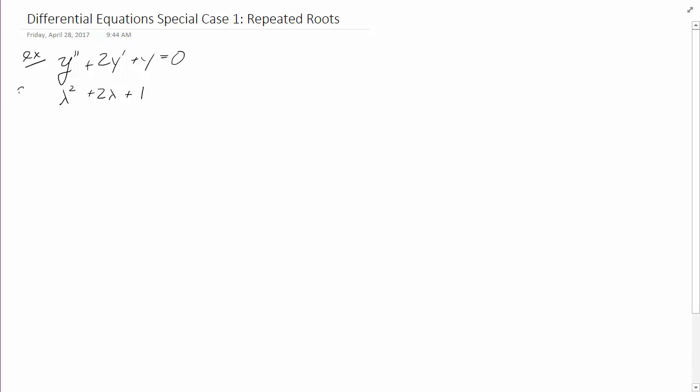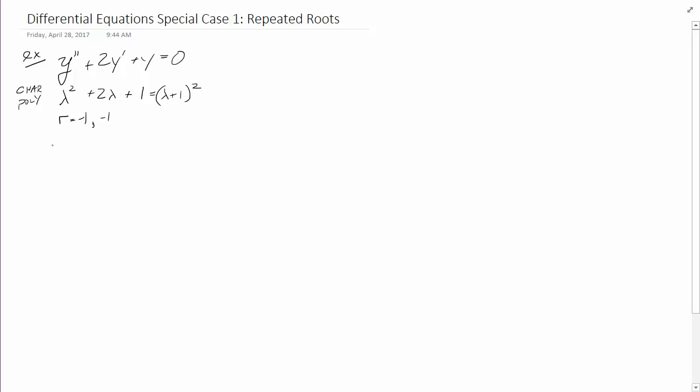This is the characteristic polynomial, and it factors into lambda plus 1 squared. This is what I mean by a repeated root. This means that the root r equals -1 occurs twice, because of the power 2.